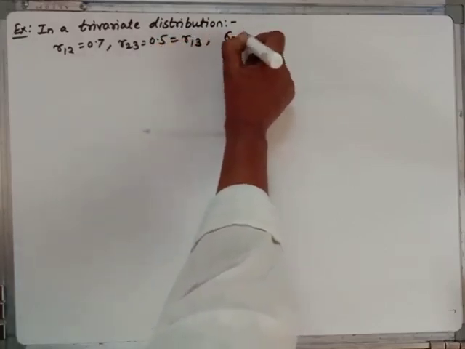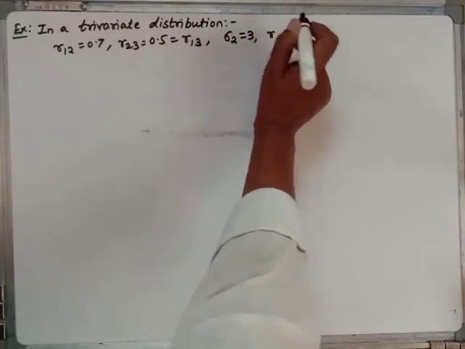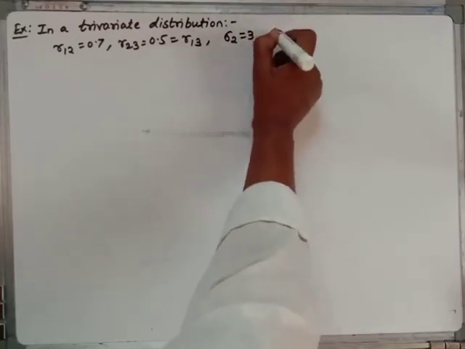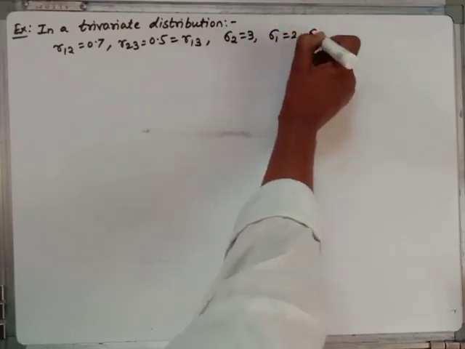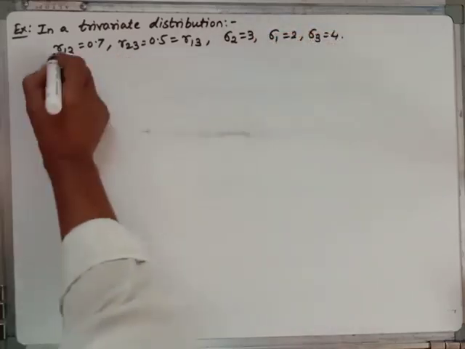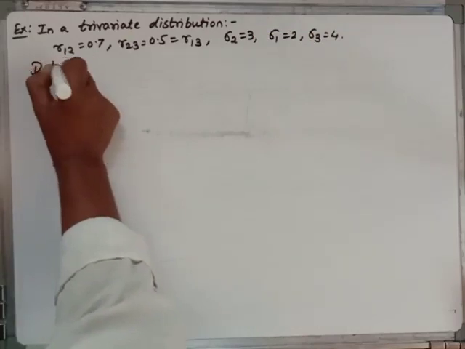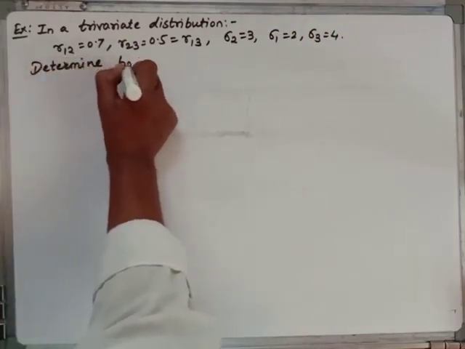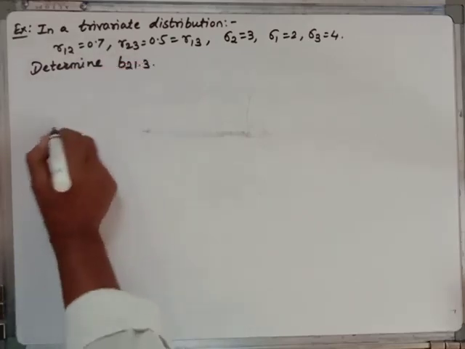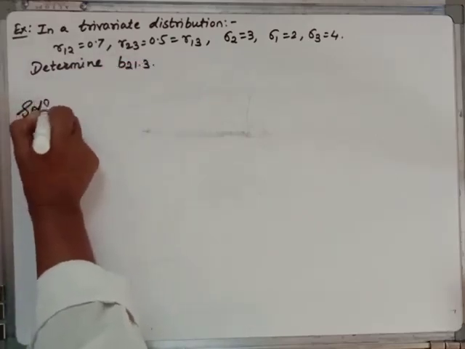Sigma 2 is 3, sigma 1 is 2, sigma 3 is 4. Question is that determine B21.3. So solution.